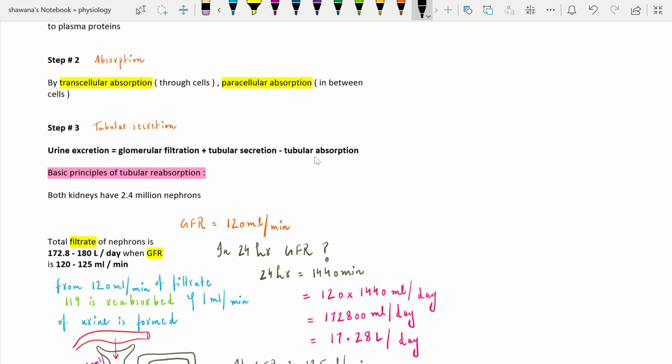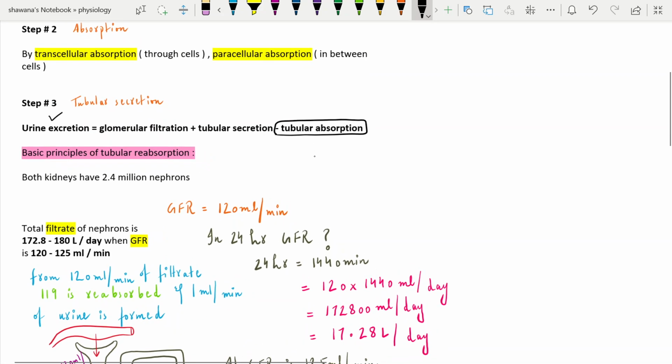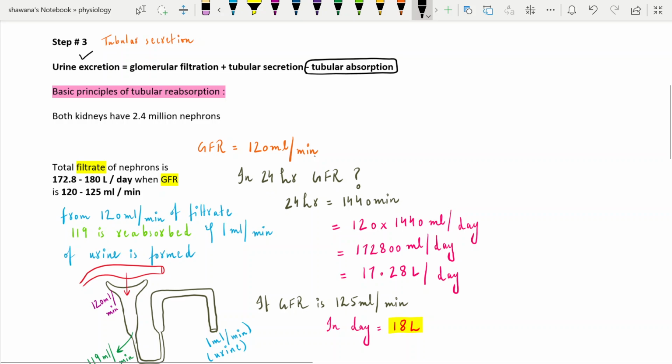So our equation for urine formation is: urine excretion is equal to filtration plus tubular secretion minus tubular reabsorption. It means that the stuff that has been reabsorbed is subtracted from the stuff that has been filtered or secreted into the lumen.